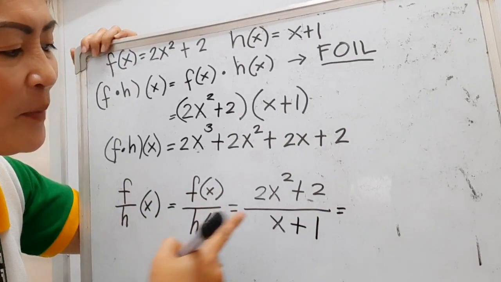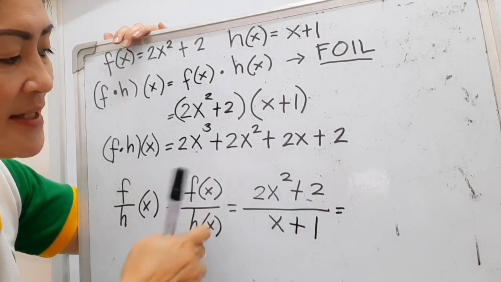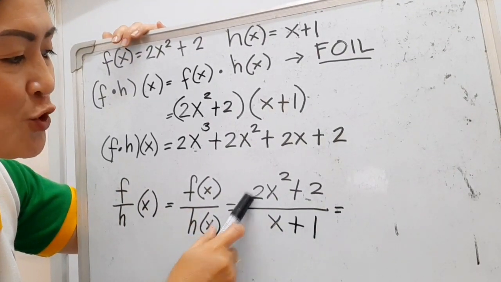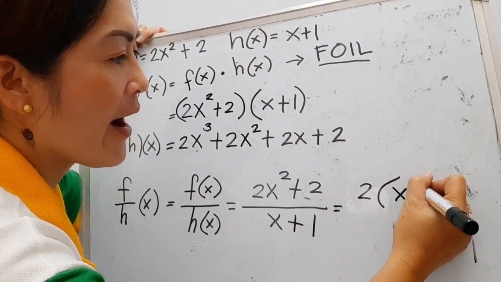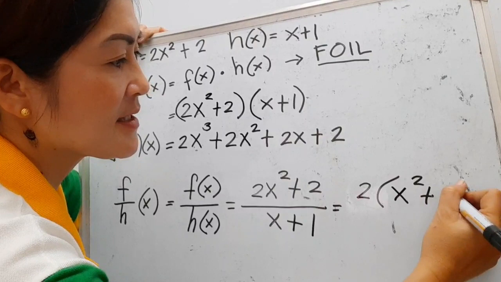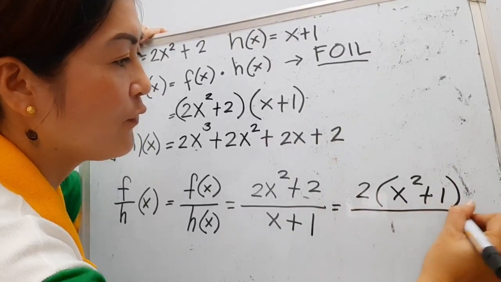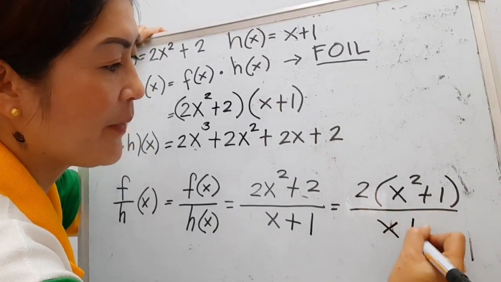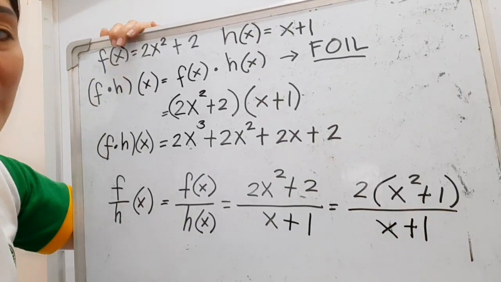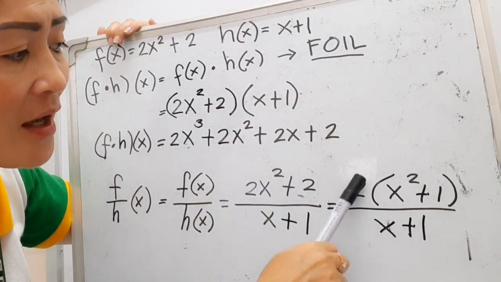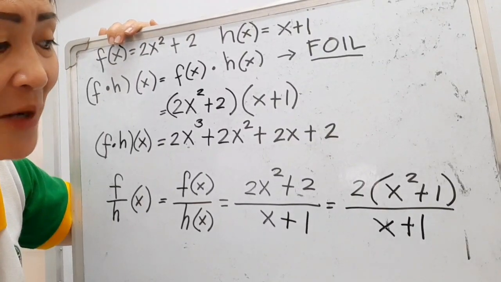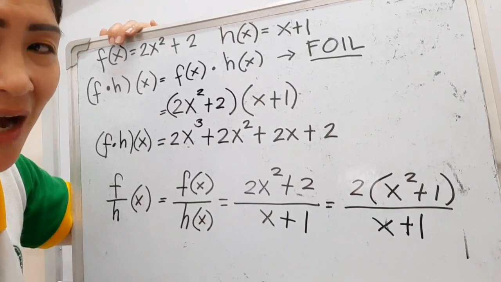We will try to simplify the numerator. As you can see, you can factor out 2. So 2 times x squared plus 1, all over x plus 1. So even if we factored out the numerator, as you can see, there are no terms that can be divided out.